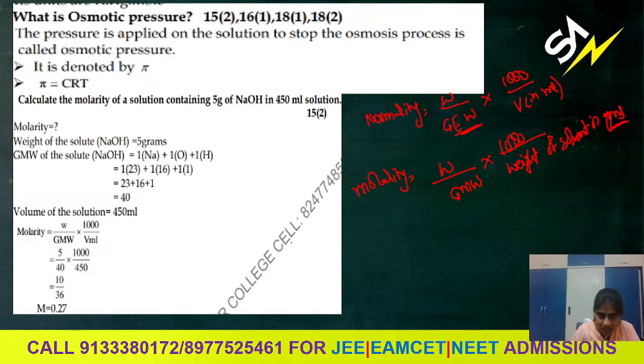And next we have one more term, mole fraction. Suppose we need to calculate the mole fraction of a solute, what we will do is calculate the number of moles of solute by the number of moles of solution. This is if A is for solute and B is for solution.